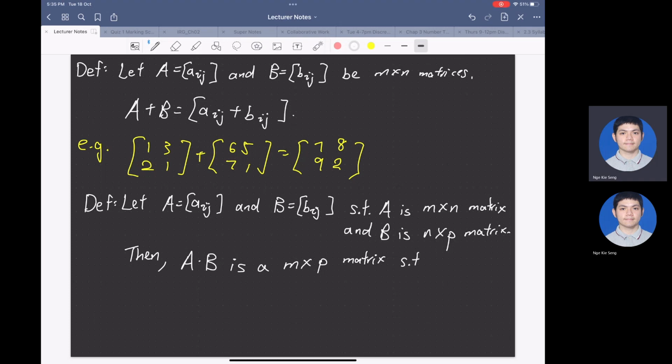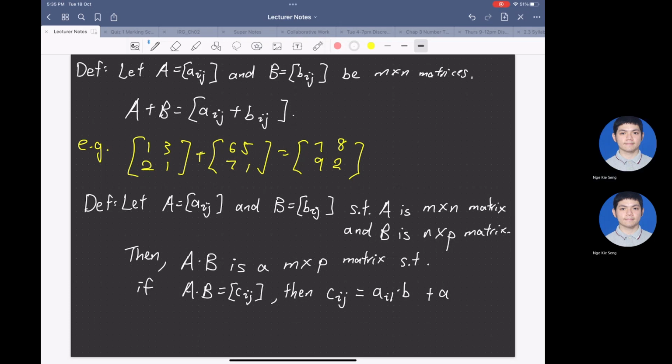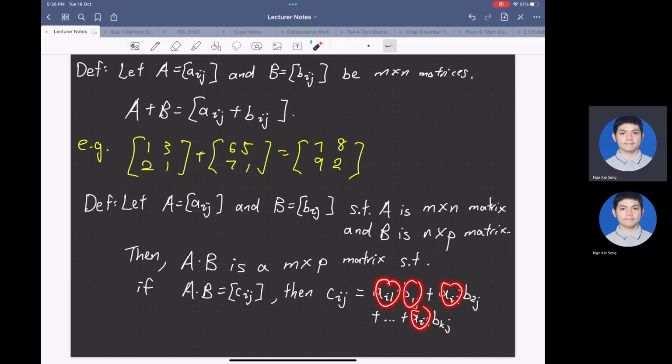Such that, when A dot B is C, Cij is computed by taking the row times the column: the row vector times the column vector.